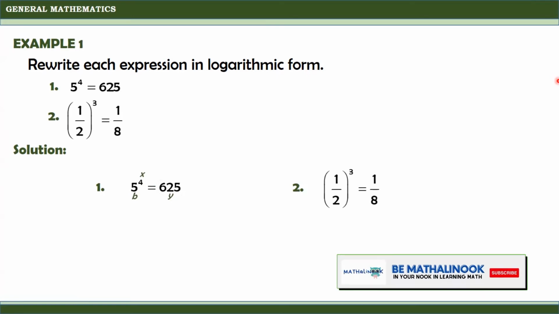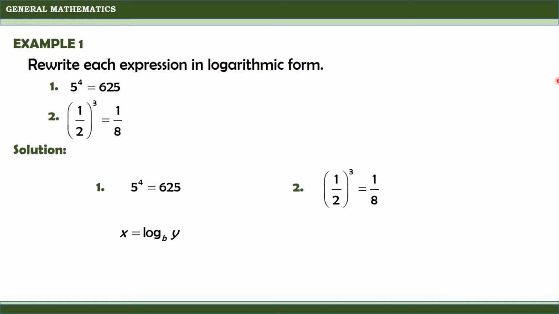Remember that the logarithmic form is given as x equals log base b of y. Hence, we need to substitute 4 to x, 5 to b, and 625 to y. It will now give us 4 equals log base 5 of 625.